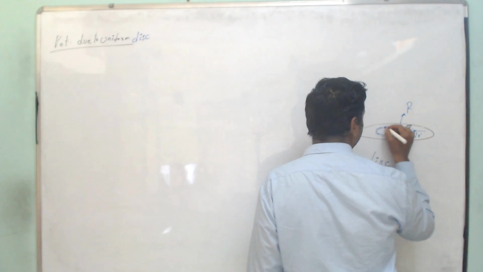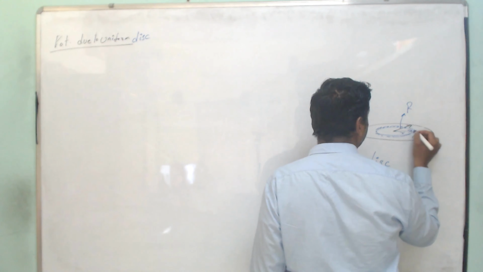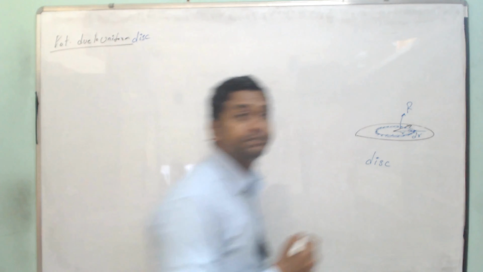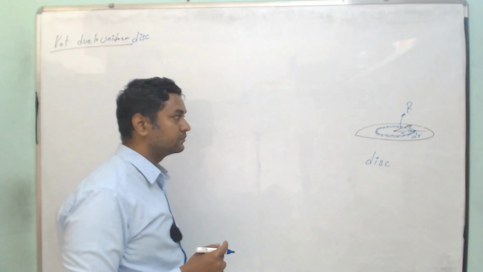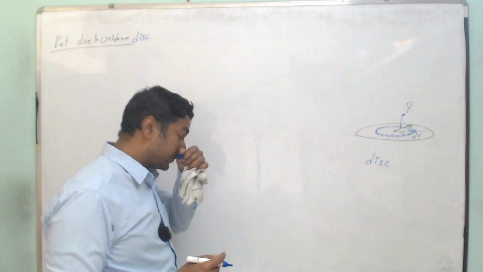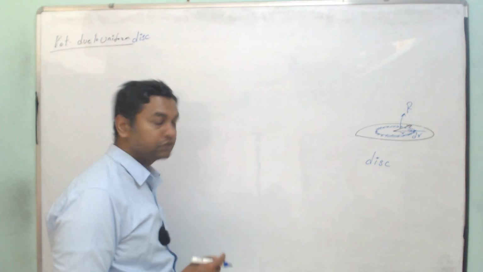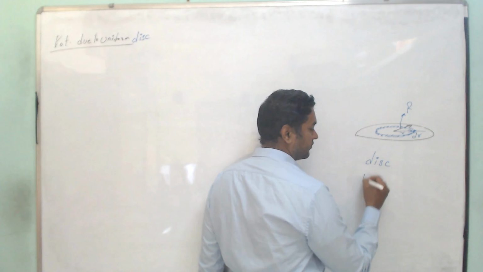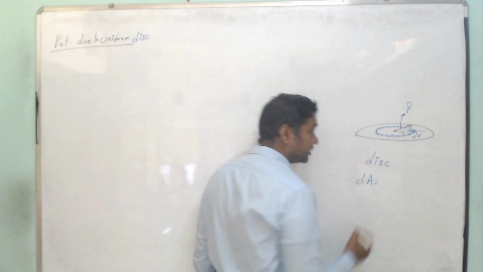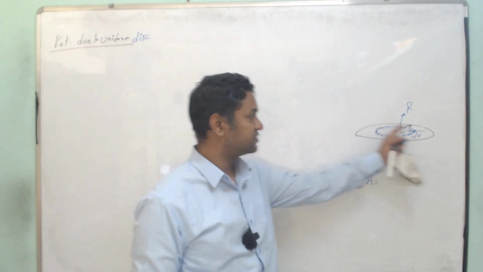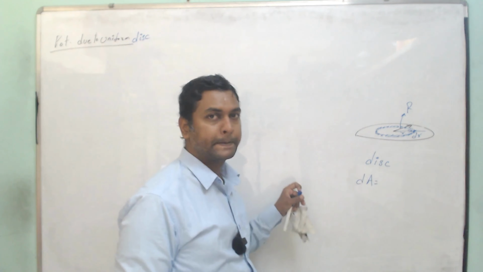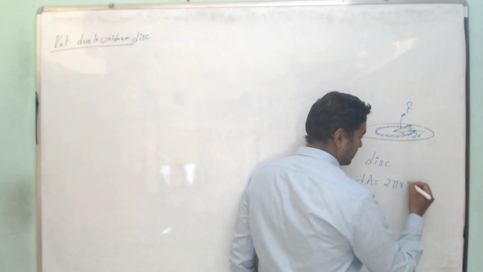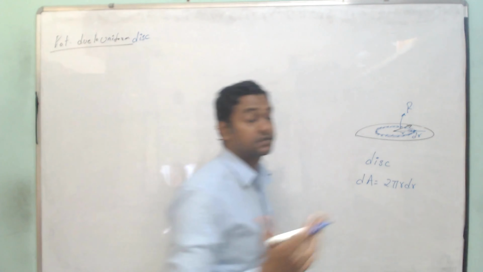The circumference is 2 pi r, and the width is dr. So next, dA, the area of this shaded region, is 2 pi r dr.